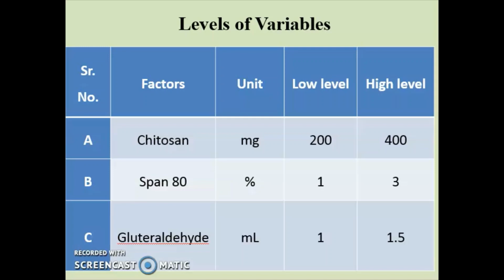The low level was selected as 200 and the high level 400 for chitosan; for span-80, the low level was 1% and the high level 3%; whereas for glutaraldehyde, the low level was 1 ml and the high level 1.5%.